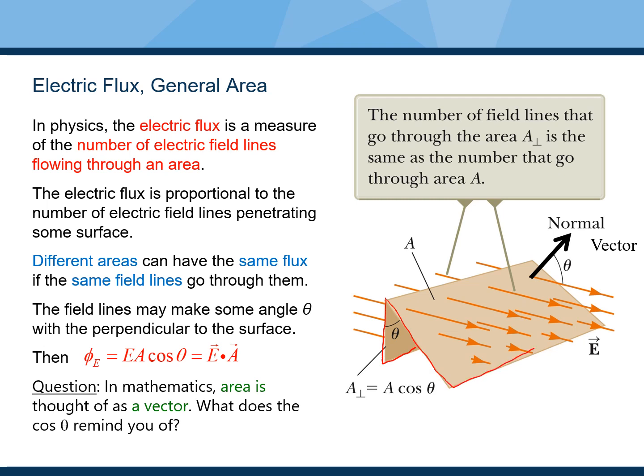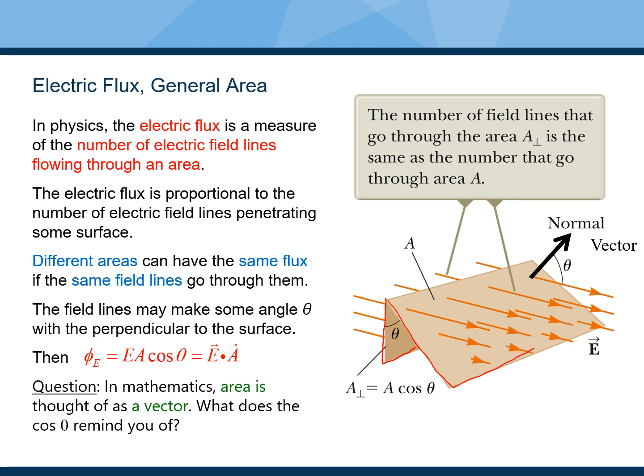Now notice that just based on scanning the figure, you realize that every electric field line that goes through the vertical surface also goes through the oblique surface too. So if you're thinking about flux as being a way of counting field lines, the two surfaces, the vertical one and the oblique one, should have the same electric flux going through them.